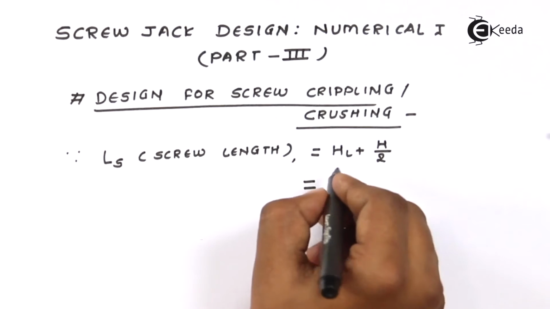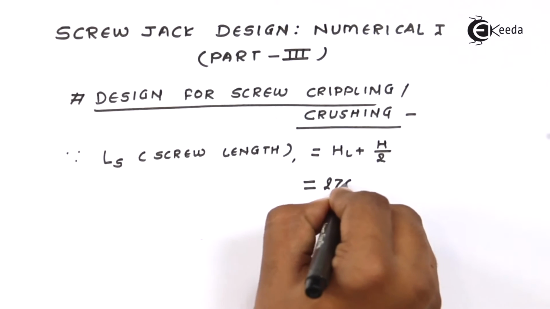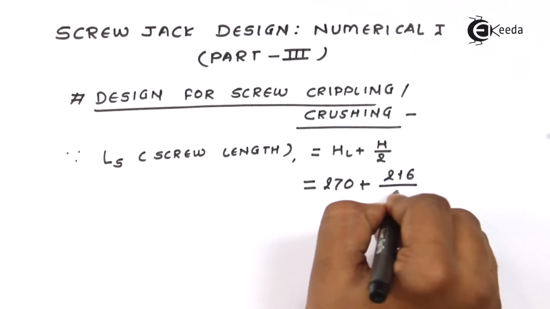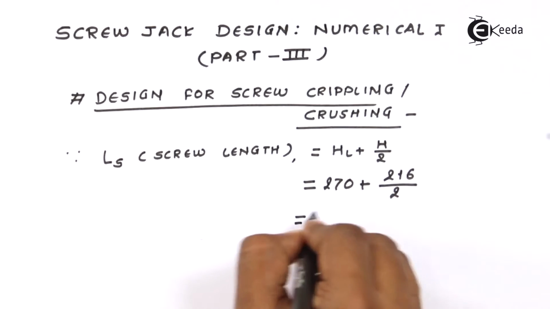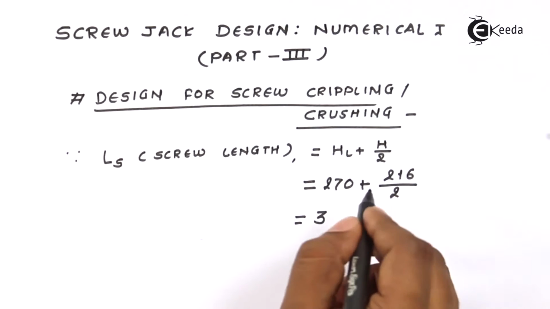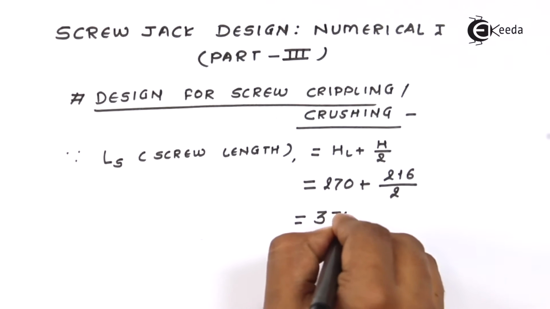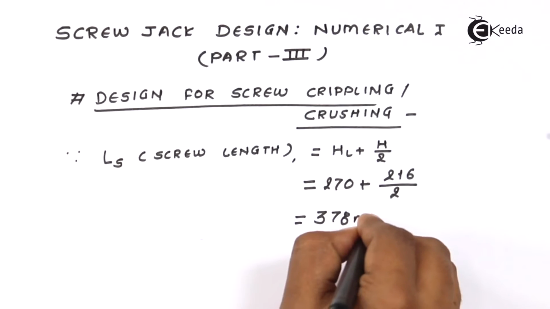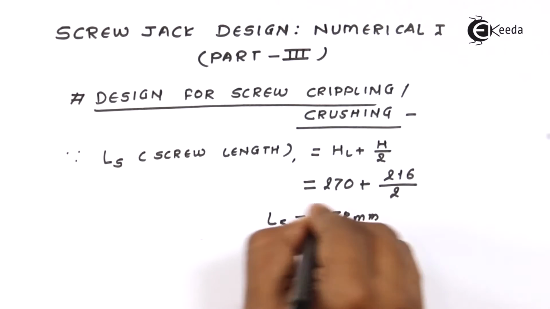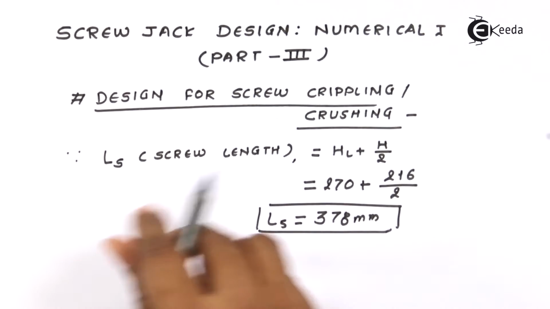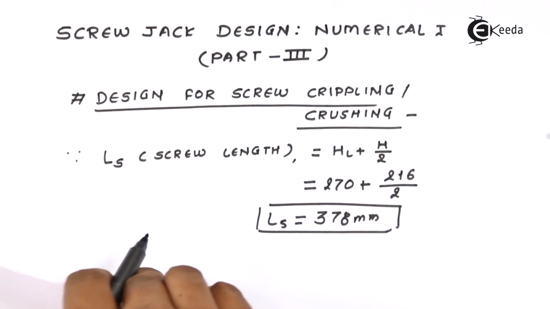It's a standard empirical relation again. We have been given this parameter as 270 and this was found as 216. So the length of the screw is 378 millimeter in our case.